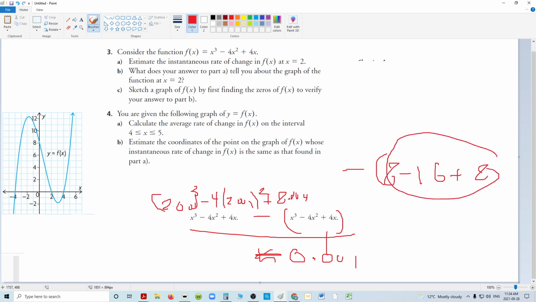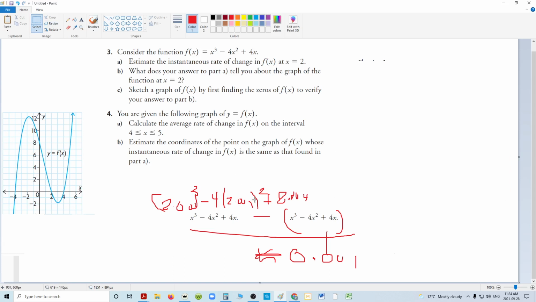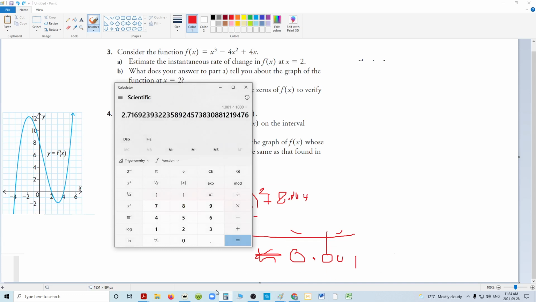I can see that this is all 0 because it adds up in the brackets to 0, so minus 0. So really I just have to figure out what this is, divided by that. So I take out my calculator and I go 2.001 cubed, and I put it in my memory.